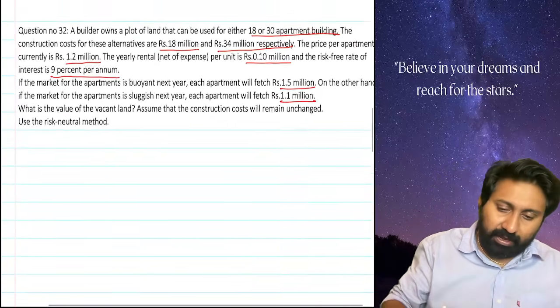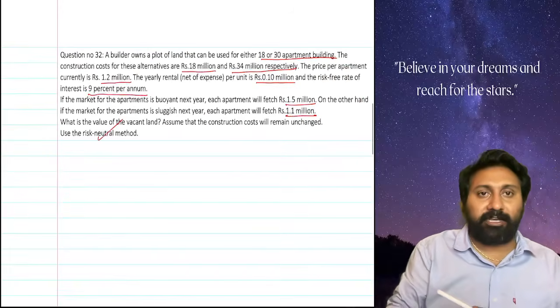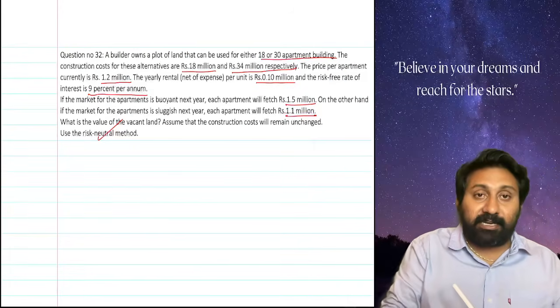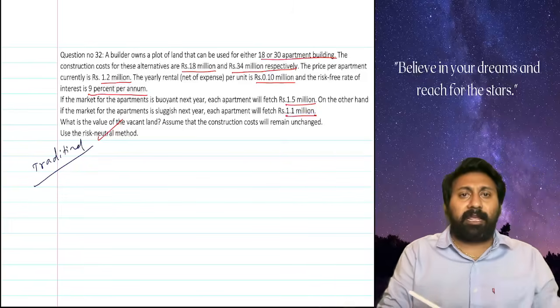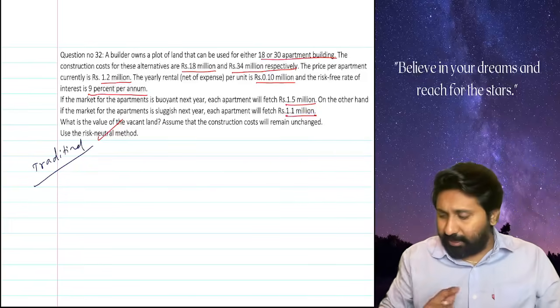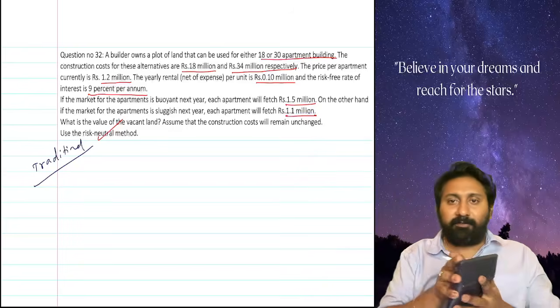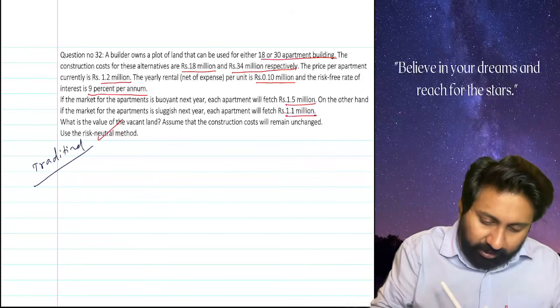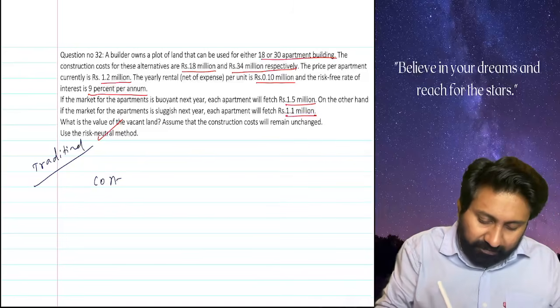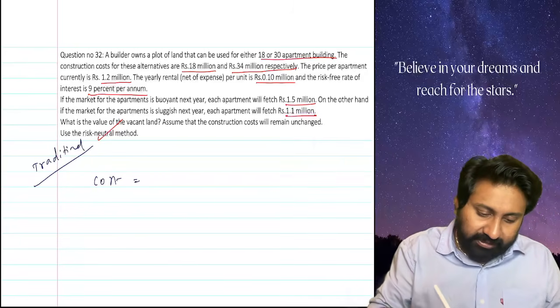First, listen. He is asking us to calculate using the risk neutral model. Traditional method, like any capital budgeting problem: what is the cost of the asset to construct this?